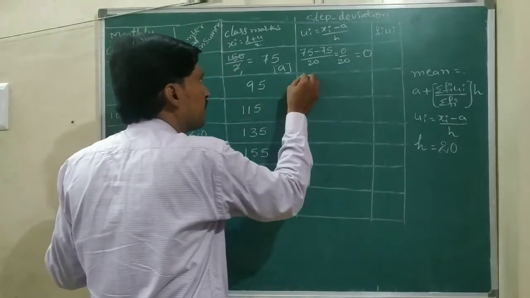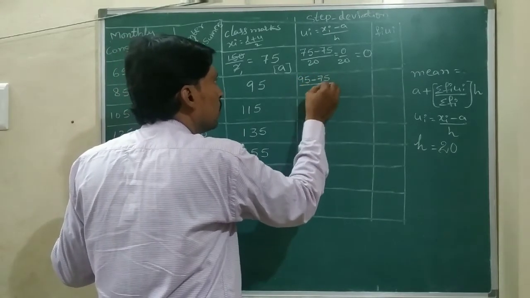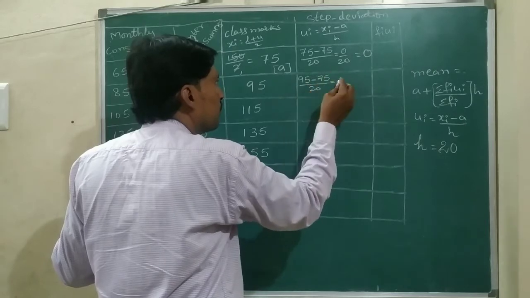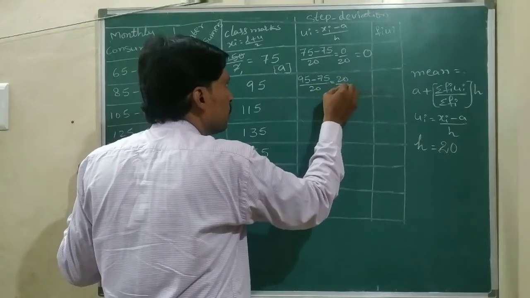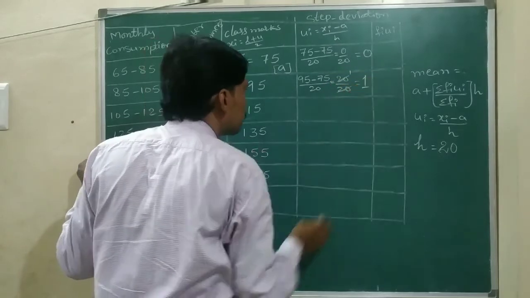Next, Xi is 95 minus A, 75, by 20. 95 minus 75 is 20 by 20, which gives 1.